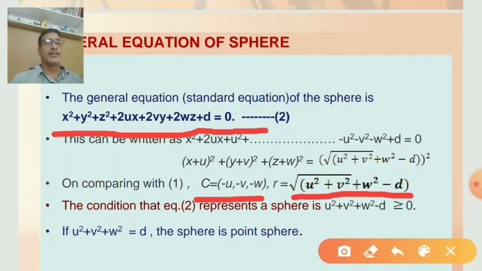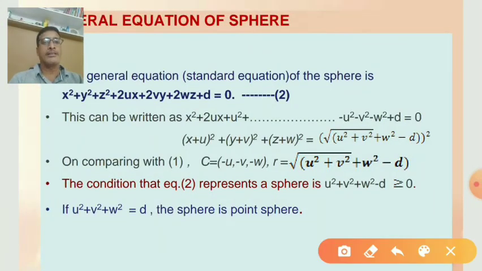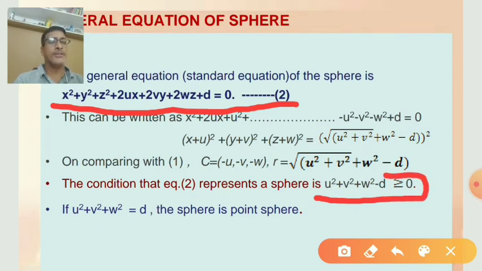And here is a condition. The equation given in this slide represents a sphere only when u square plus v square plus w square minus d is greater than or equal to 0. Only if this condition is satisfied, then this equation represents a sphere.